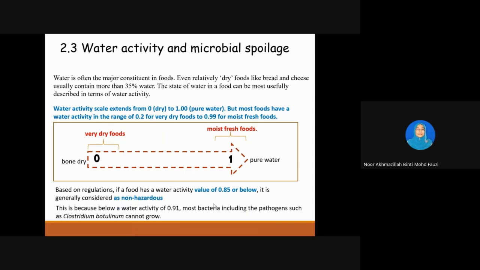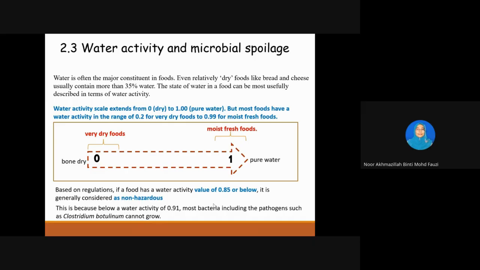This is because below a water activity of 0.91, most bacteria, including pathogens such as Clostridium botulinum, cannot grow. Clostridium botulinum is the most dangerous pathogenic bacteria in foods, and it can survive in conditions where water activity is more than 0.9. So we try to avoid foods having a water activity more than 0.91.